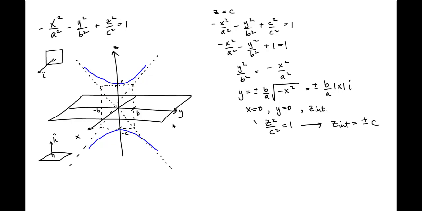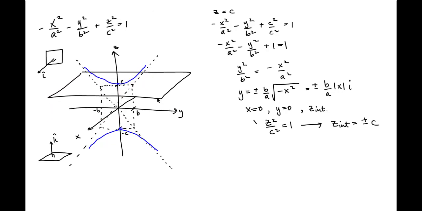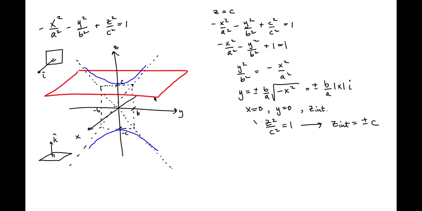What we have found then is this must be two different vertices of our hyperboloid. And we found this by taking the z equals c plane. That plane intersects our surface at z equals c, and that produces a point.